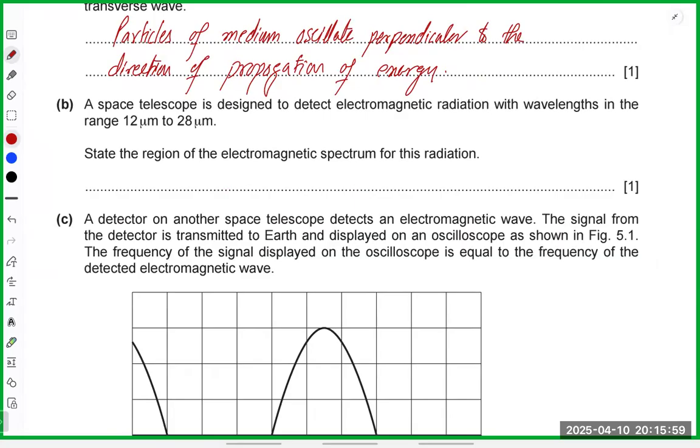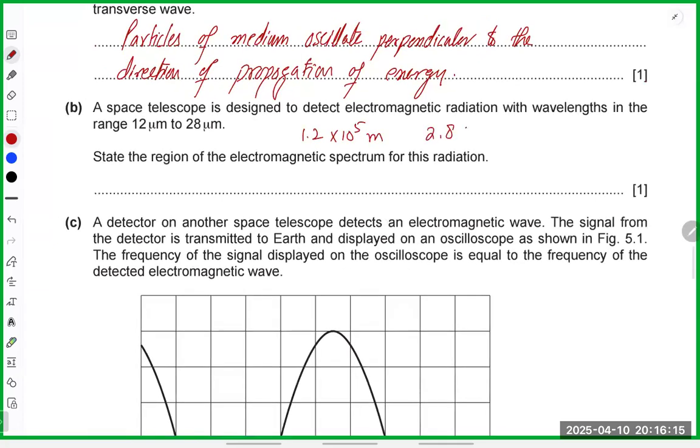These wavelengths are larger than visible light for sure, because 12 micrometer is 1.2 into 10 to the power minus 5 meter, and 28 micrometer is 2.8 into 10 to the power minus 5 meter.